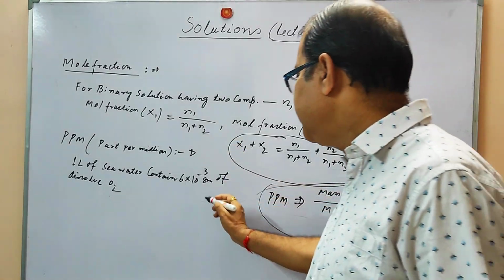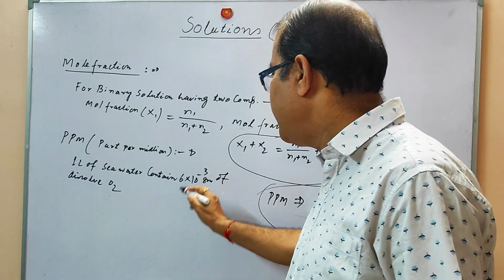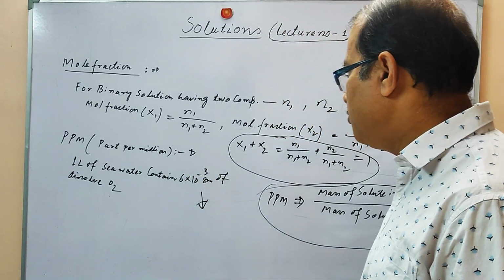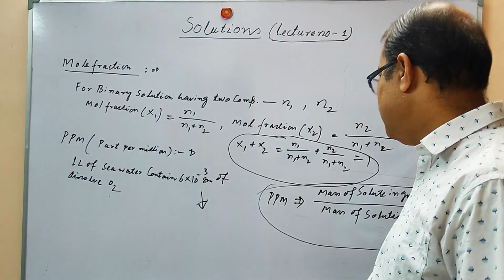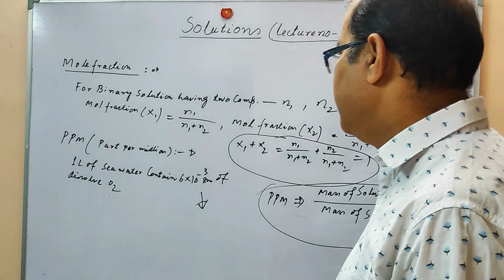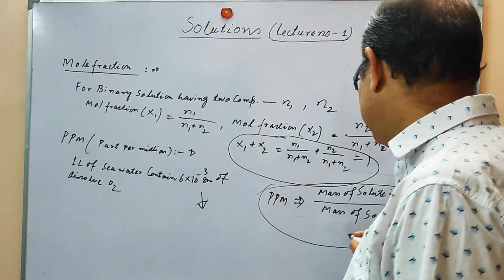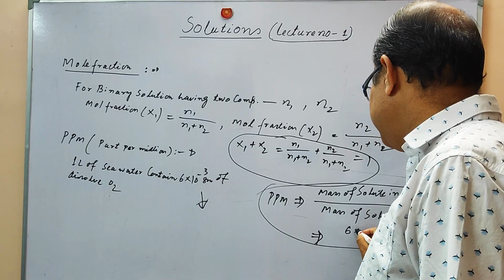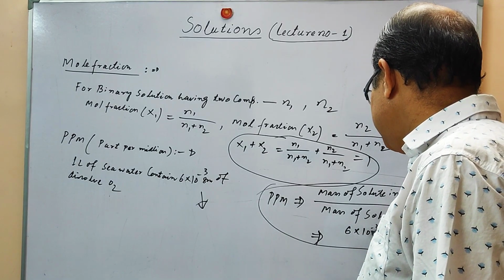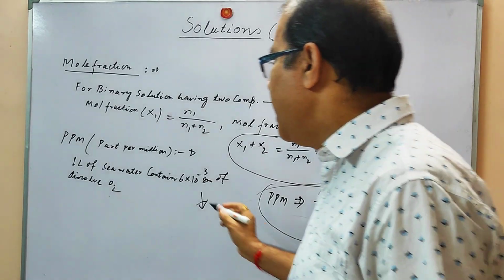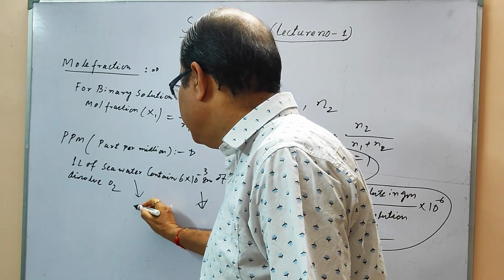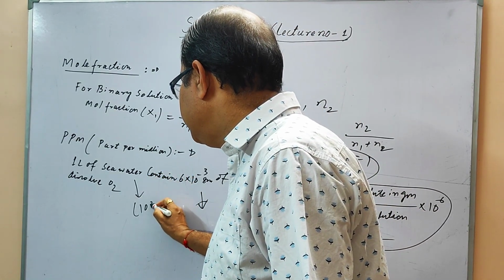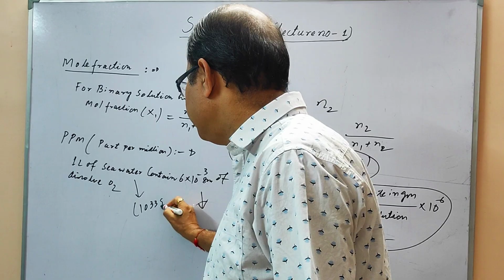Now we can calculate the ppm where this amount of O2 has been dissolved. We put the values in this formula. The mass of solute is 6 into 10 to the minus 3, and the solution, 1 liter, is 1033 gram, suppose.